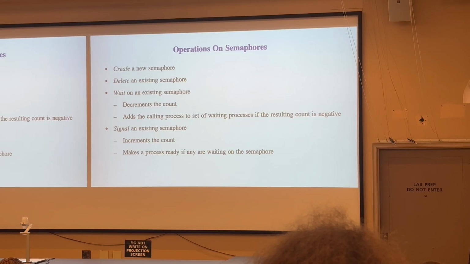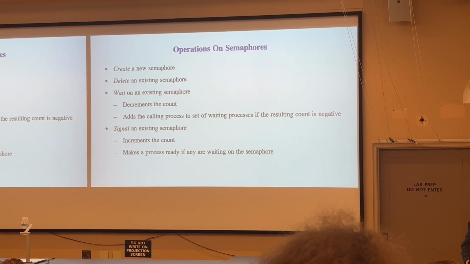The operations for a semaphore: you can create a new semaphore, delete an existing semaphore, wait on an existing semaphore, which decrements the count and adds the calling process to the set of waiting processes if the resulting count is negative. And you can signal an existing semaphore, which will increment the count and make a process ready if any are waiting on the semaphore.